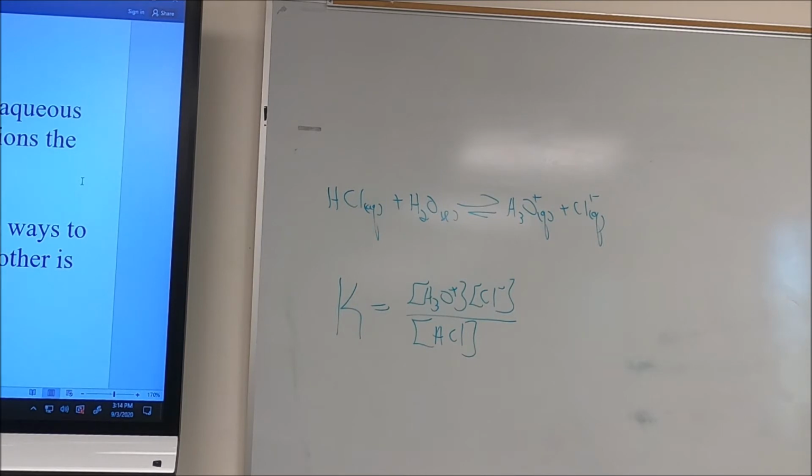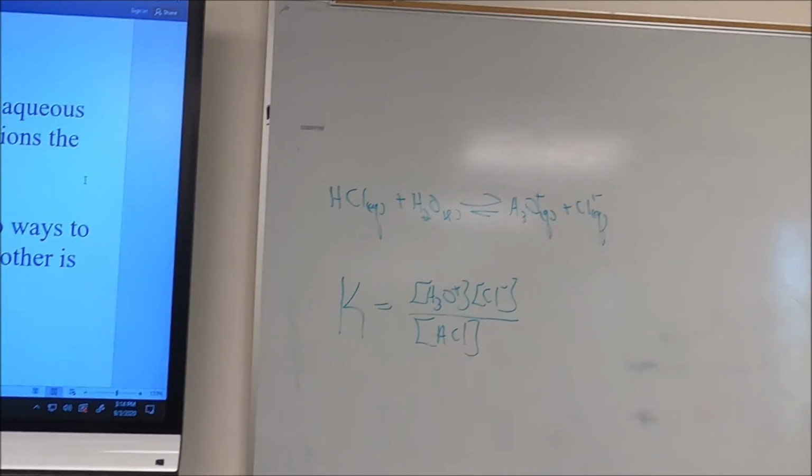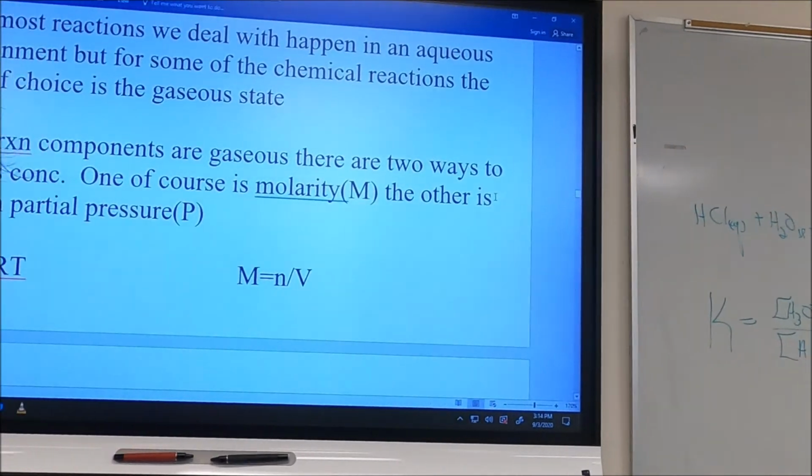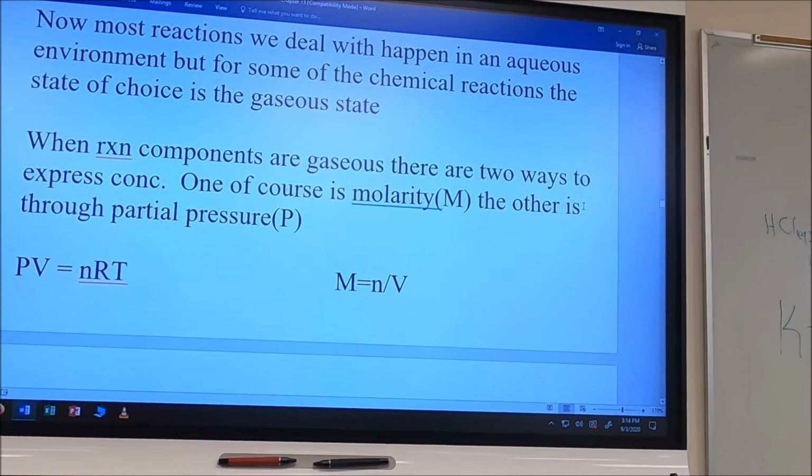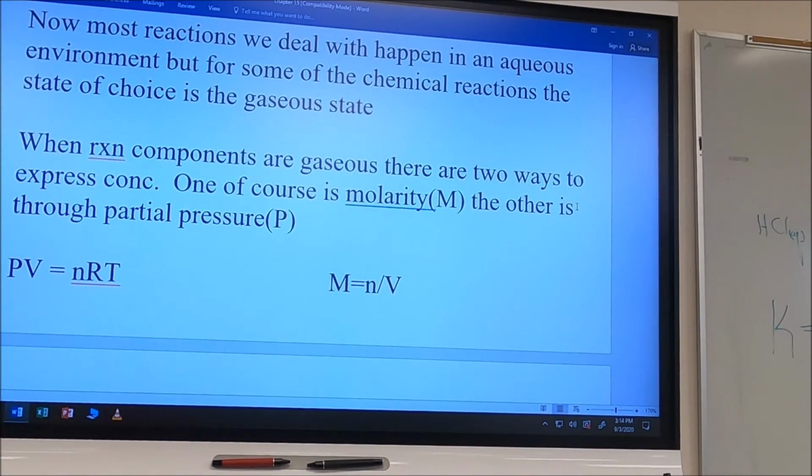So the liquid phase, something being aqueous, dissolved in a liquid like water, or the gaseous phase is where we're going to see chemical reactions happen. So in some cases where the reactants are gases, there are two ways to express concentration. Okay? The two ways to express concentration are pressure and molarity.